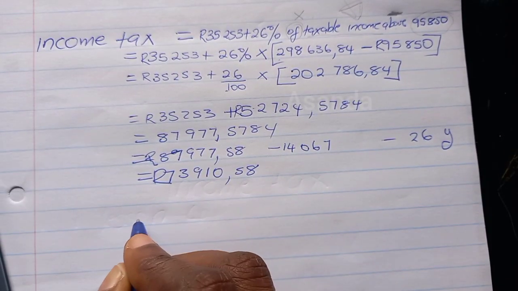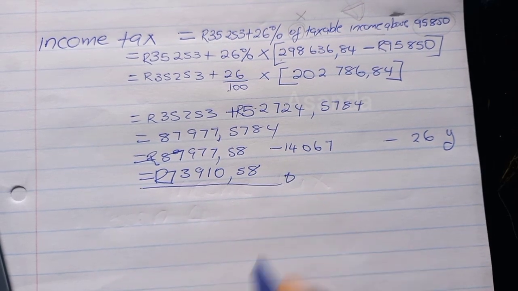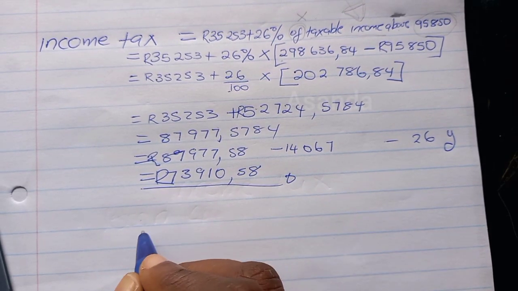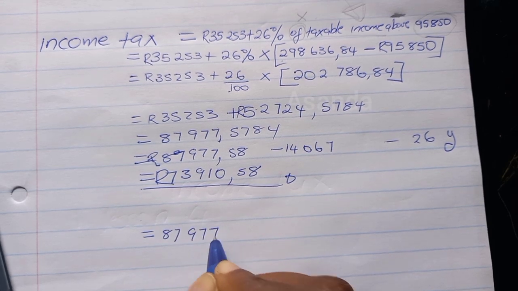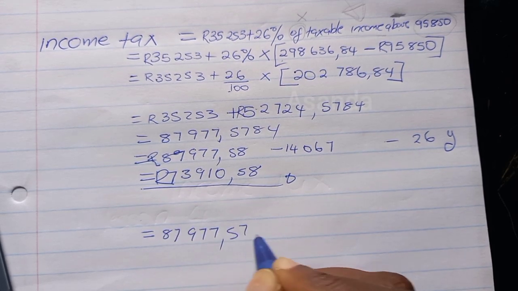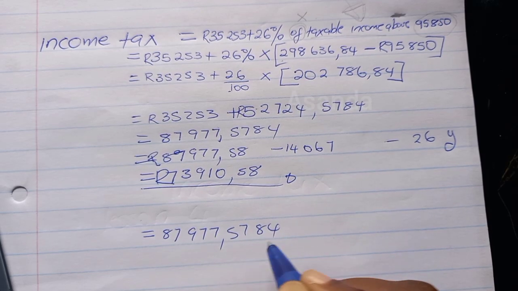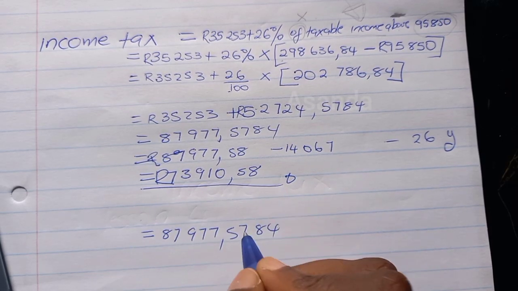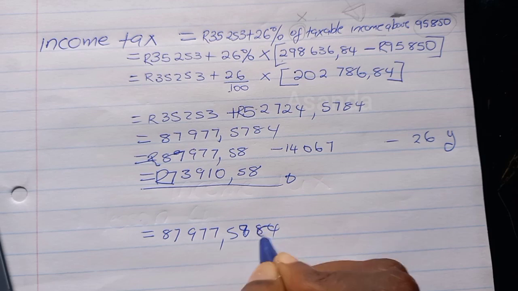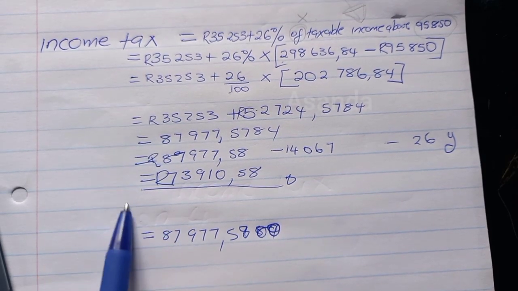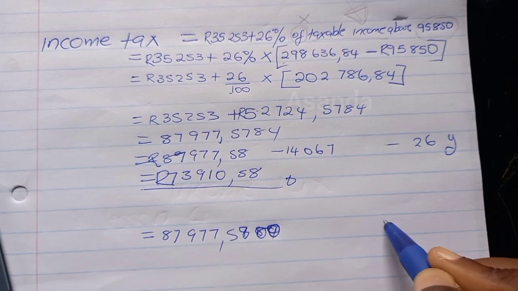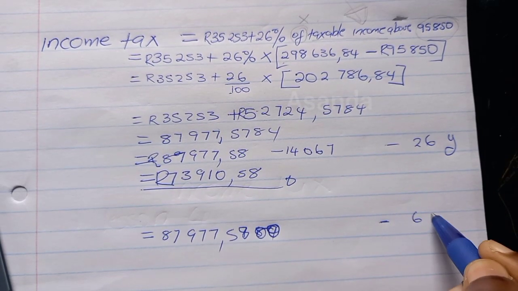But what if Amy was actually expected to pay 87,977.5784? Now, I forgot, I'm rounding off there. Okay, so I just took that there before we did the rebate. So now I'm changing. I'm saying, nah, she's not 26, she's 66. Right?